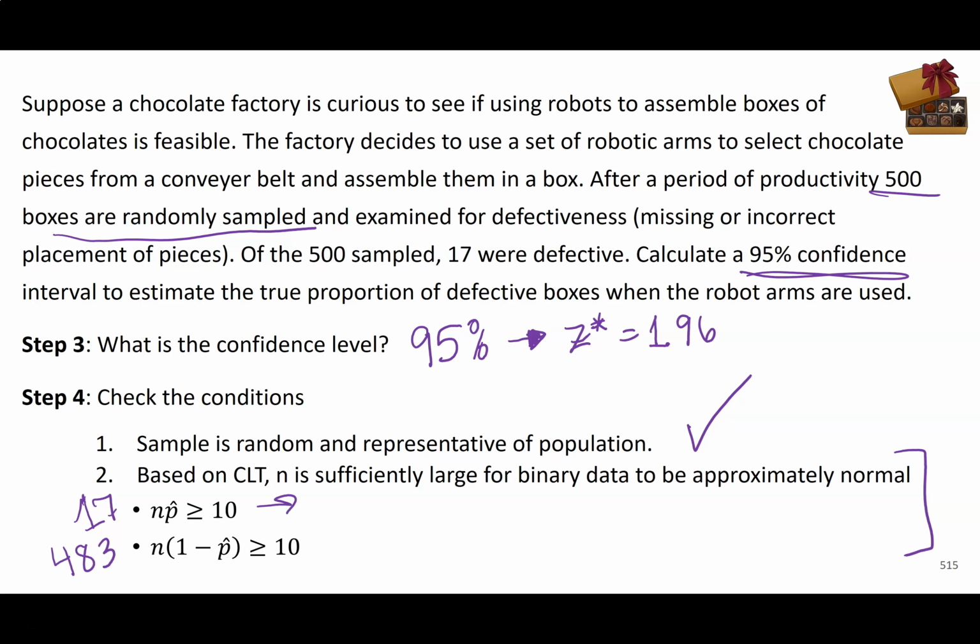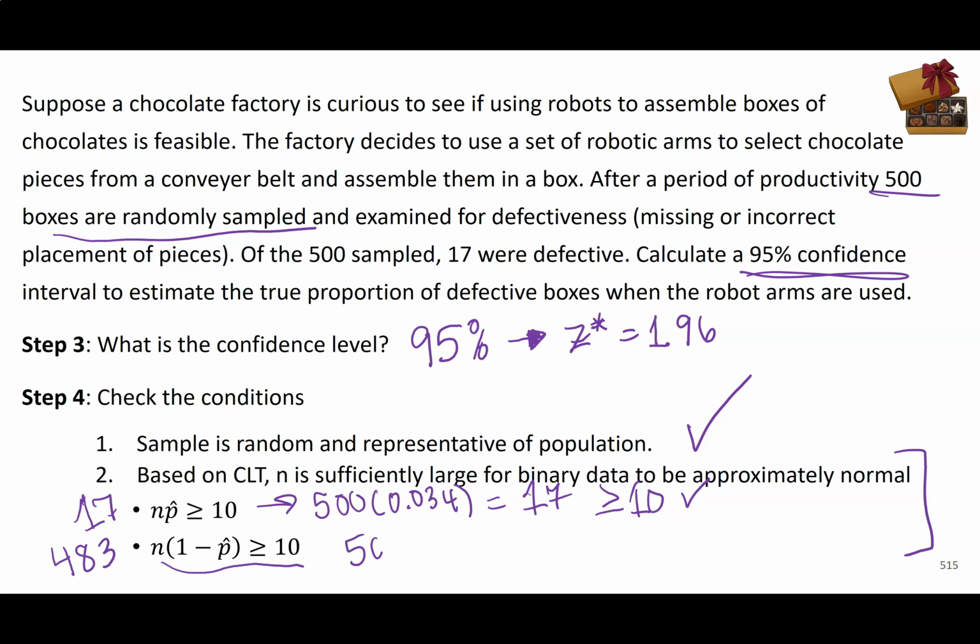If you wanted to do the math, 500 times our p-hat of 0.034 is just going to take us right back to 17 defective ones. And that is at least 10. And then this one is saying, okay, well, how many not defective ones? And 483, that's a lot more than 10 as well.